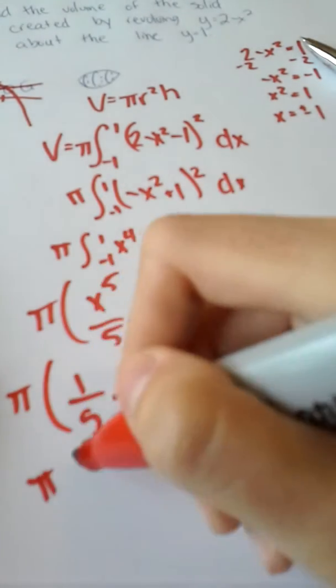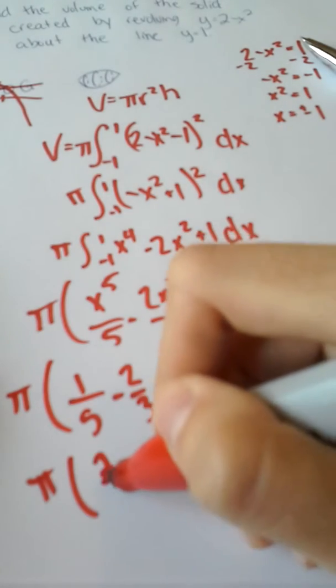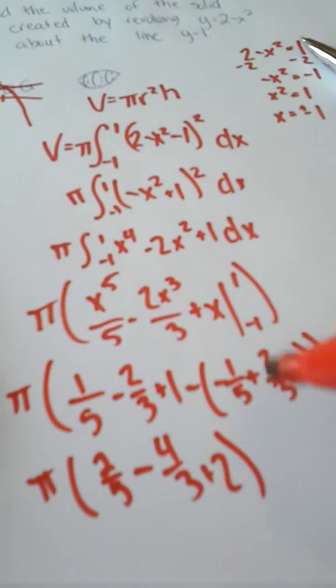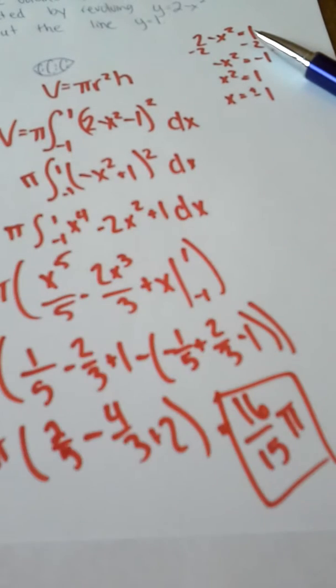And I get pi times 2/5 minus 4/3 plus 2. Find a common denominator, add those together. It comes out to be 16/15 pi. And again, we'll leave that in terms of pi because that is the exact volume if you rotate that curve about the line y equals 1.